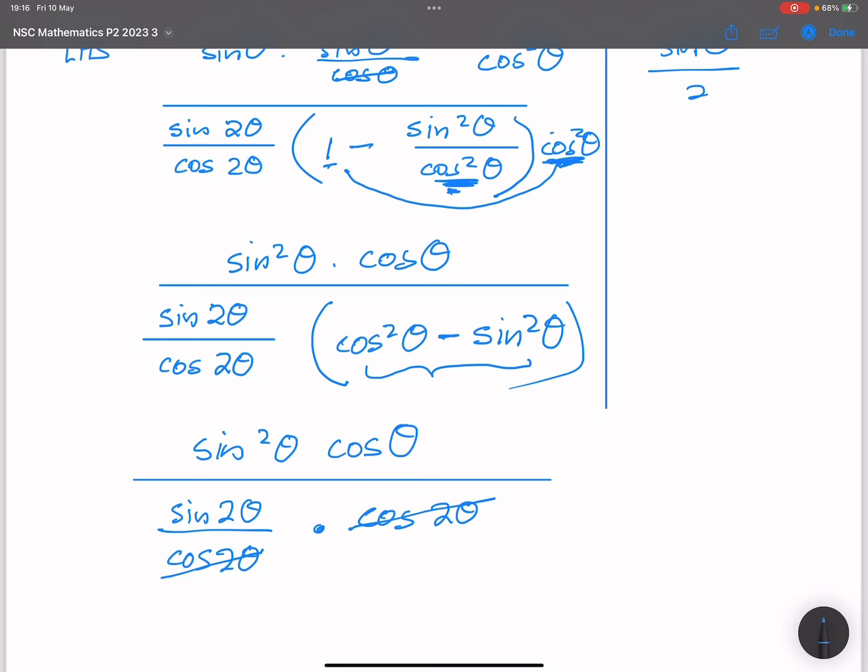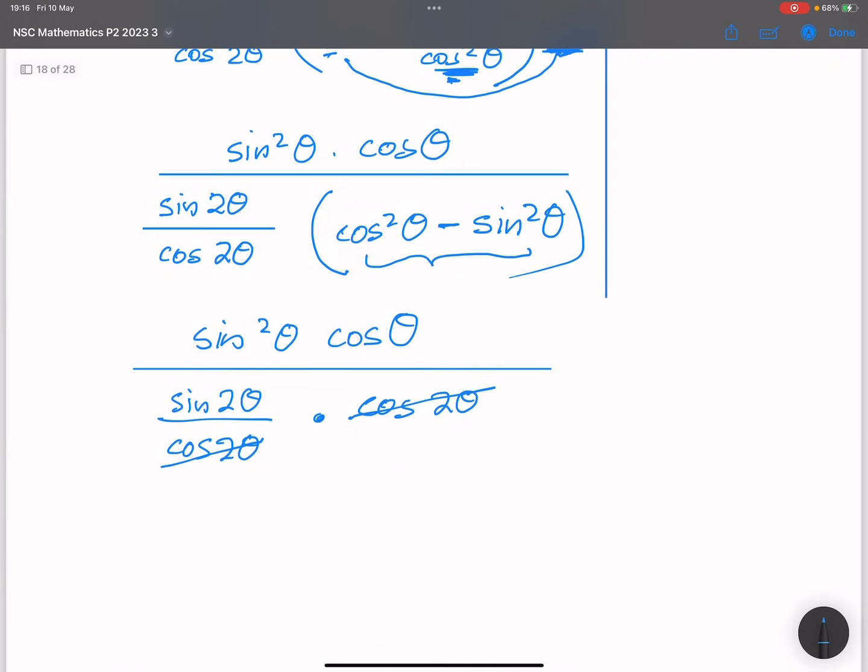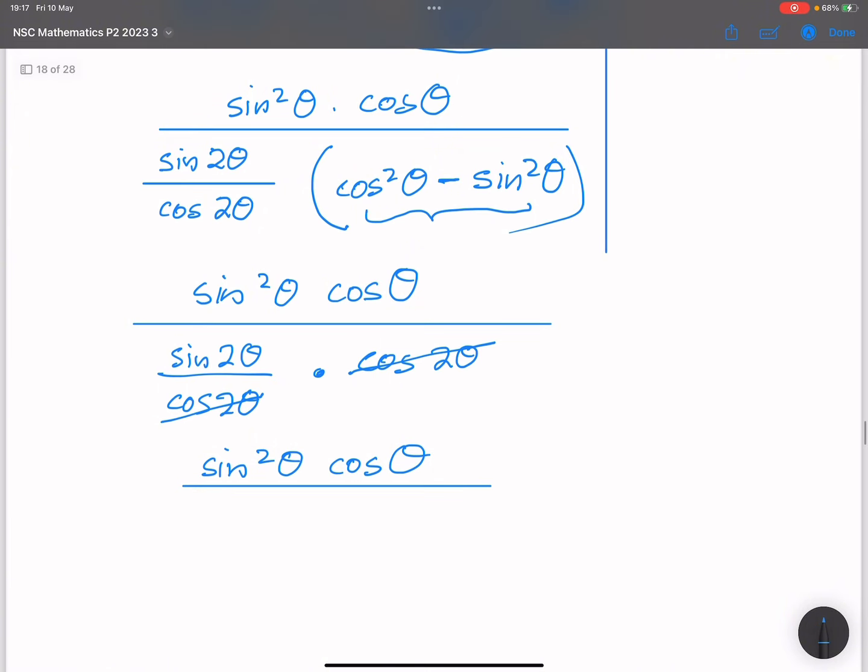So I'm left with sine 2 theta in the denominator. So now I've got sine squared of theta cos theta in the numerator, divided by sine of 2 theta, which is 2 sine theta cos theta. So this guy cancels with that, the sine cancels one of the sines there. And again, I'm left with sine theta over 2.